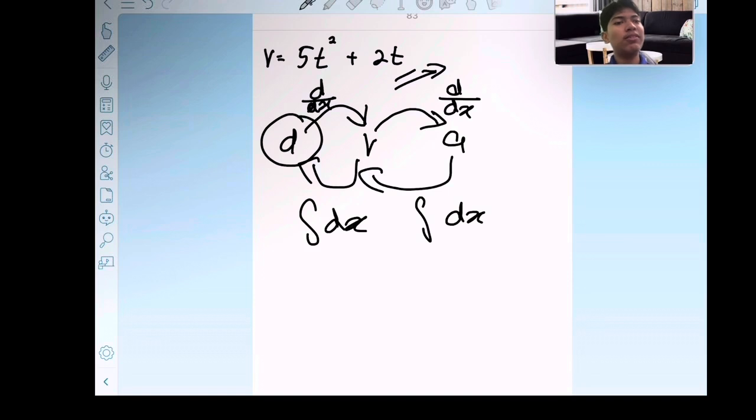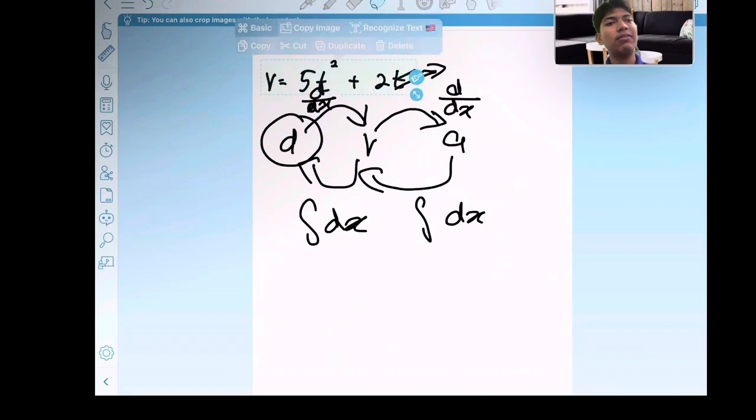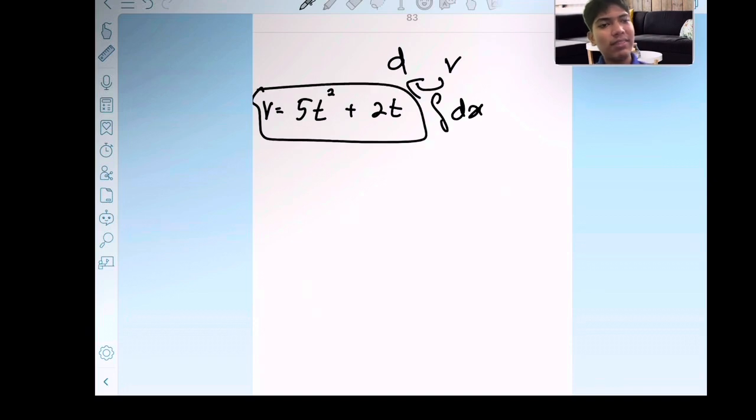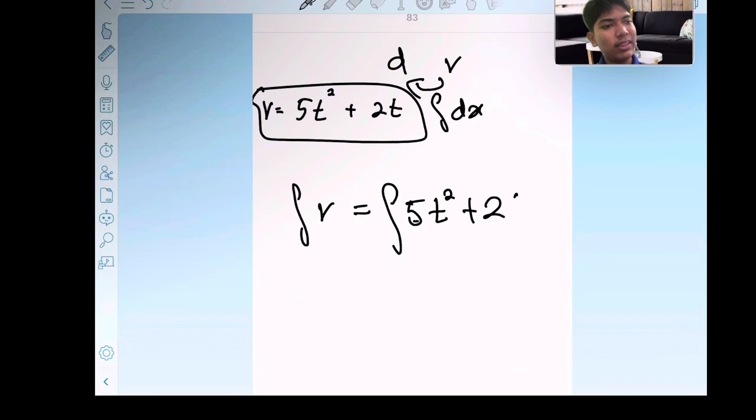This is important to know, the linear kinematic motion. So let's get through to the equation. We must find the displacement. We know that to convert velocity to displacement, we must integrate it. So we must integrate this equation. First, we integrate v, which is 5t squared plus 2t, and that equals displacement d.